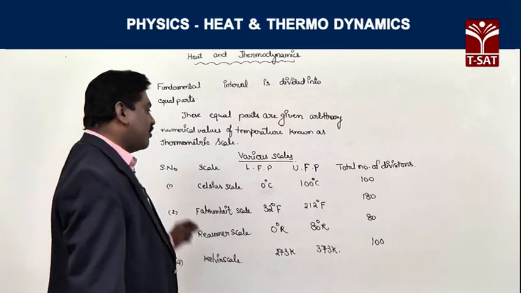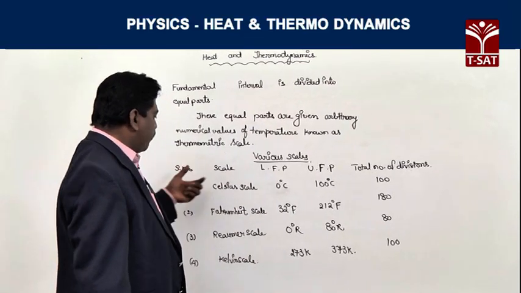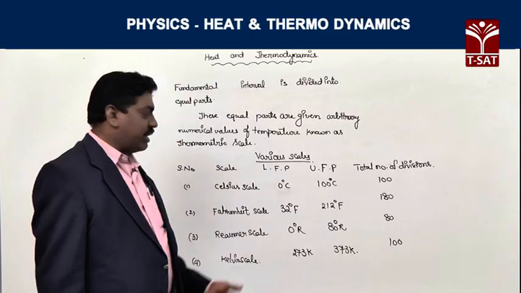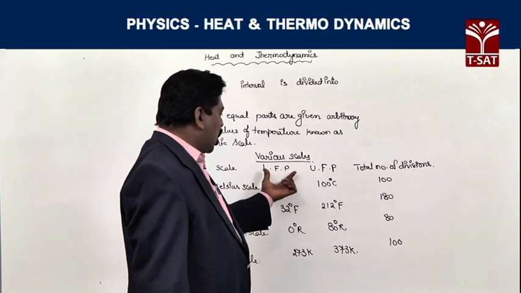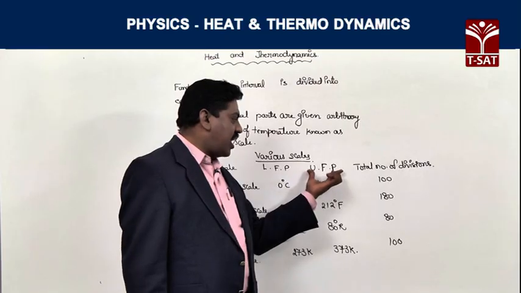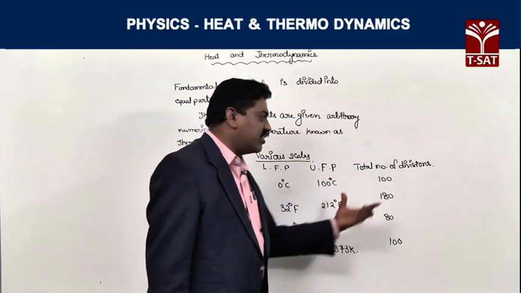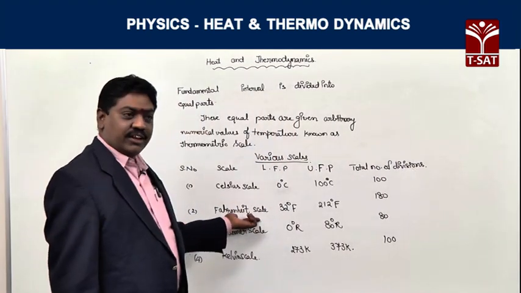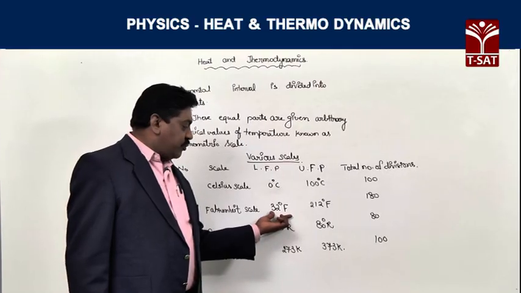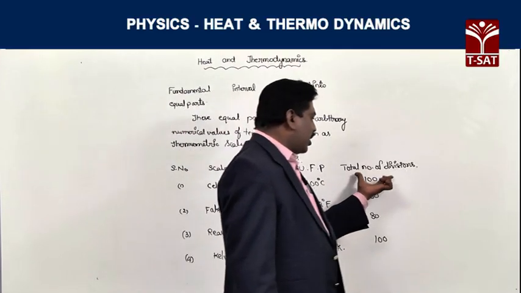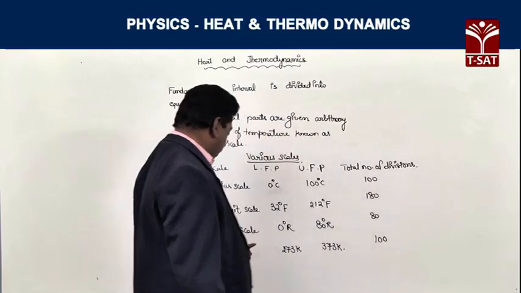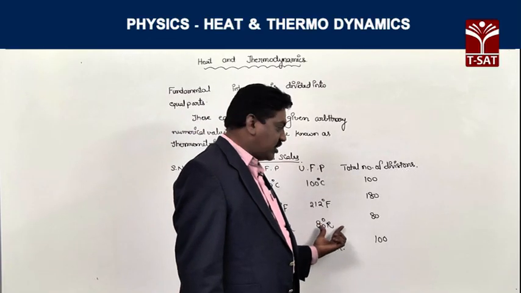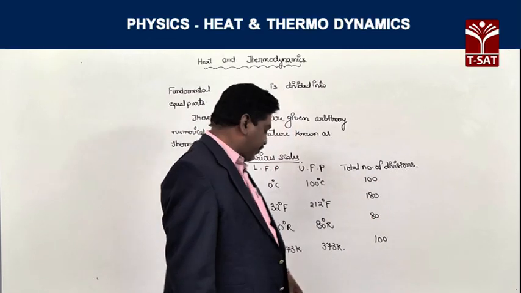The various thermometer scales are the Celsius scale, Fahrenheit scale, Reaumur scale and Kelvin scale. In the Celsius scale, the lower fixed point is 0 degrees Celsius, the upper fixed point is 100 degrees Celsius and the total number of divisions is 100. In the Fahrenheit scale, the lower fixed point is 32, the upper fixed point is 212 and the total number of divisions is 180. In the Reaumur scale, the lower fixed point is 0, the upper fixed point is 80 and the total number of divisions is 80.